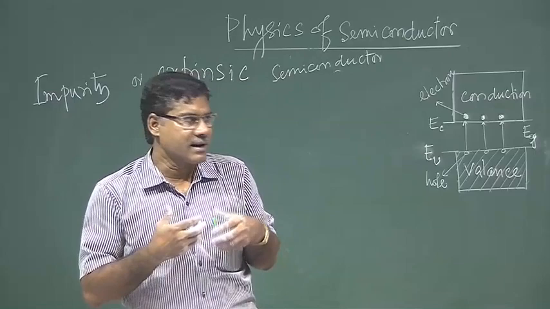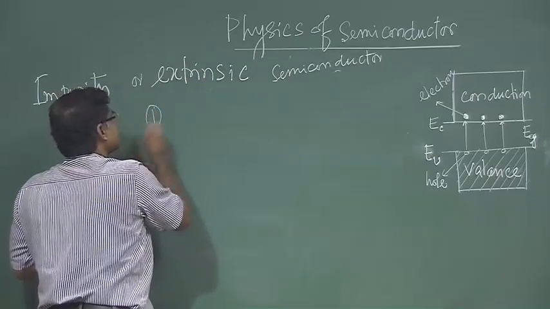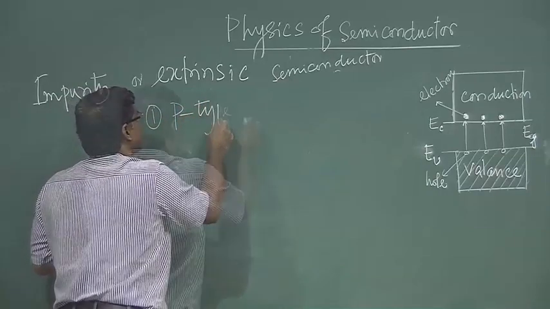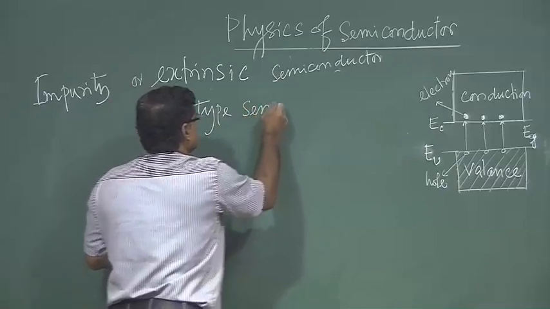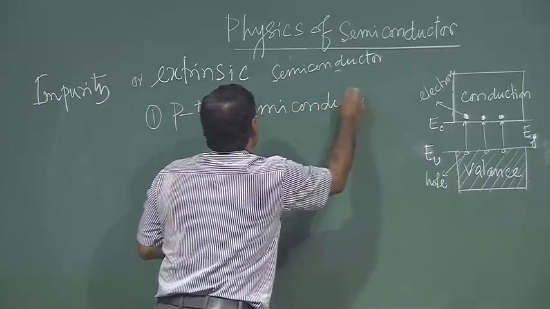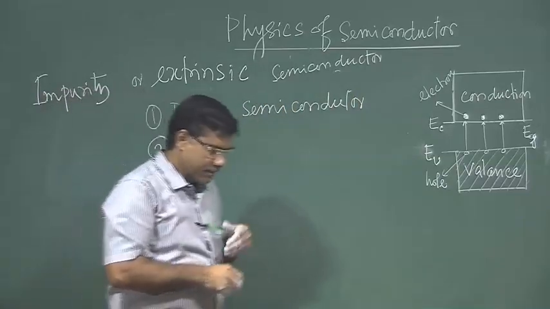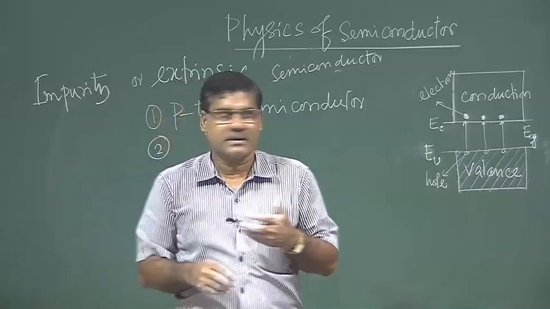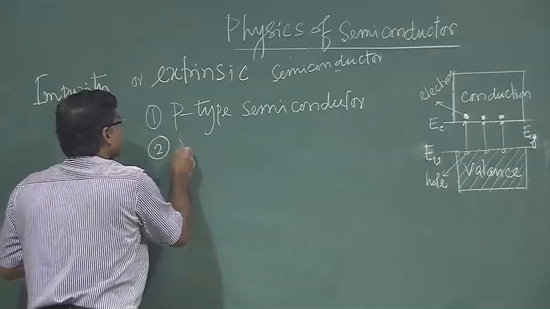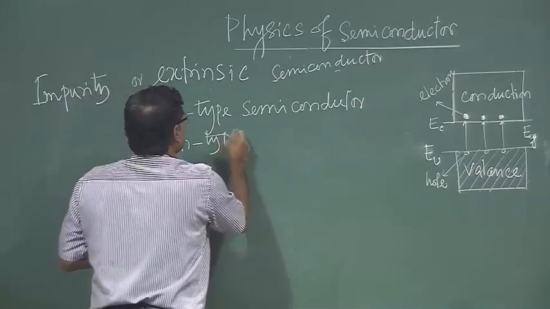When it gets additional holes, we get a p type semiconductor, or when it gains electrons after doping, it will be called an n type semiconductor.